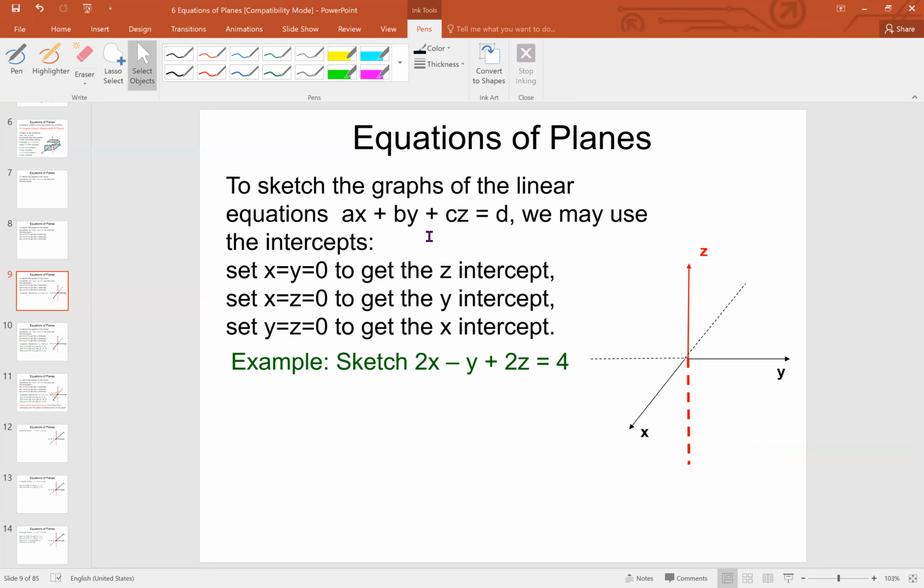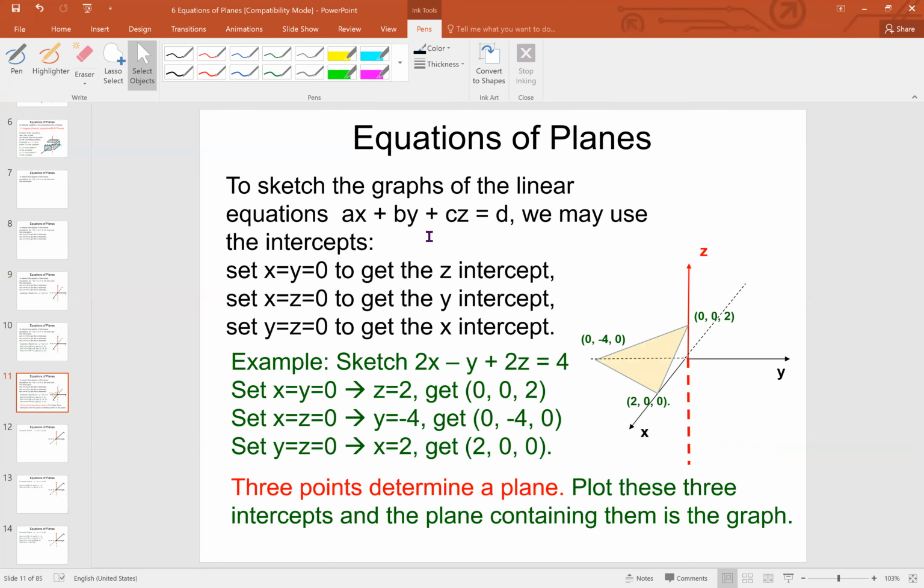I set two of them to be 0 to figure out the intercept on the last variable axis. We plot the points and draw this little triangle, and then you can imagine what the plane looks like and how it sits inside this three-dimensional space. So this is basically how we visualize the plane, by drawing it and seeing where it sits.